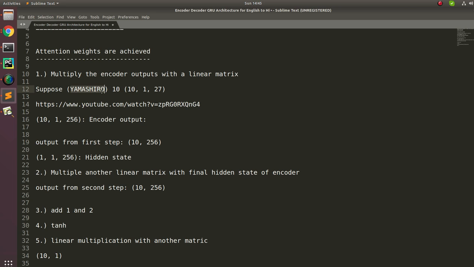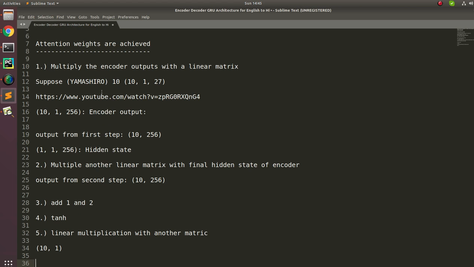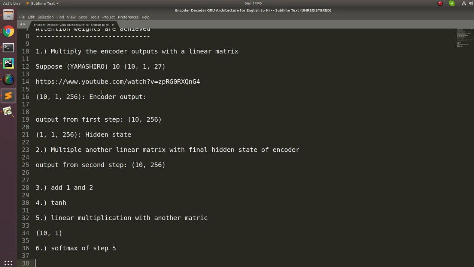Now we need to find the alpha weights. To find the alpha weights, we will take the softmax of step 5. Now these are the alpha values or the weights. This is important, what to do next.